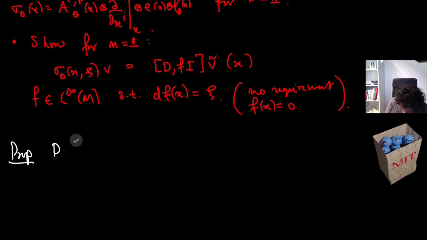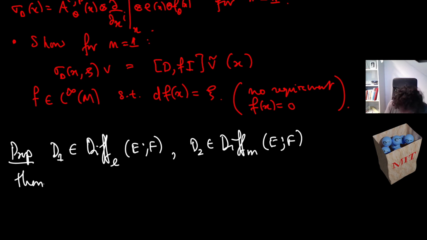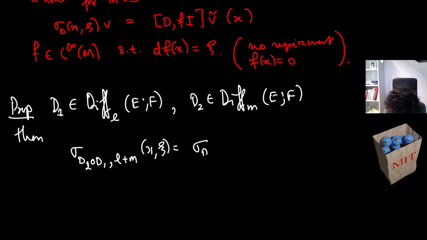I won't really be touching on aspects of symbol calculus too much, but if D1 is in diff L ef and D2 is in diff M ef, then the symbol of D2 composed with D1, in order L plus M, at x psi is precisely equal to just the composition.